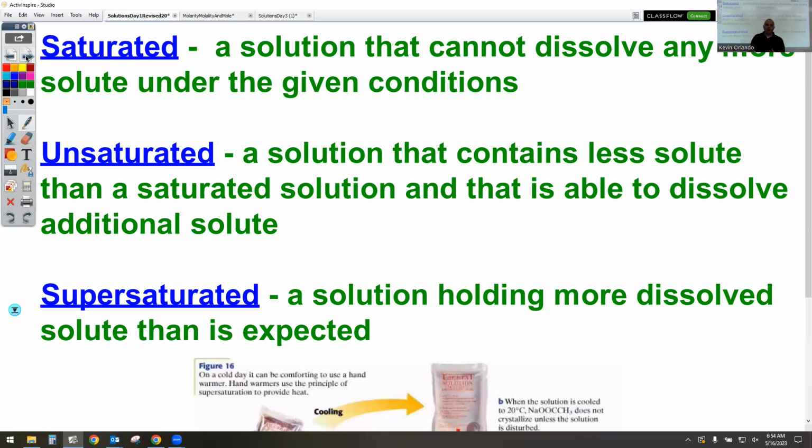Now, the last term, which is called supersaturated, is kind of tricky. There's a way that you can essentially trick a solution into being supersaturated. The way to do that is to heat up that saturated solution and continue to add spoonfuls of whatever you're trying to dissolve. In this case, let's say we're dissolving sugar.